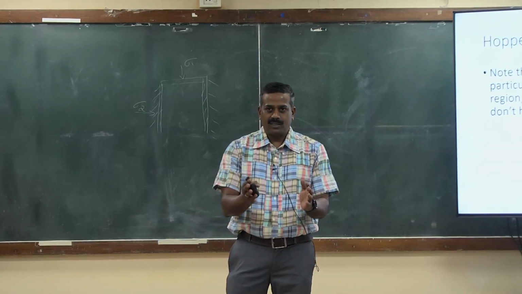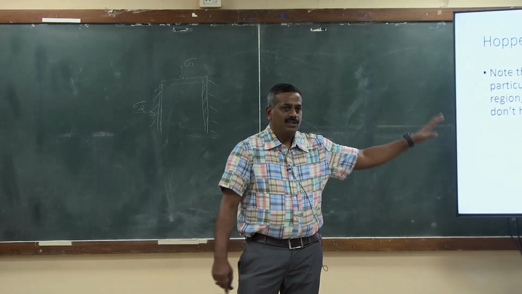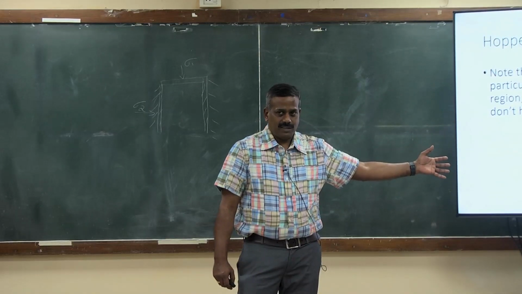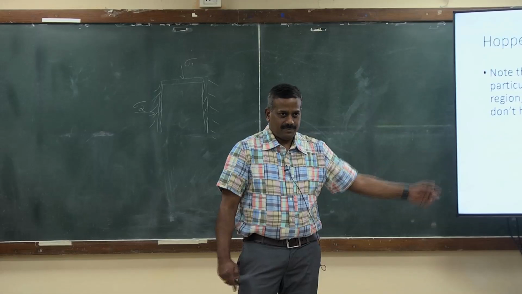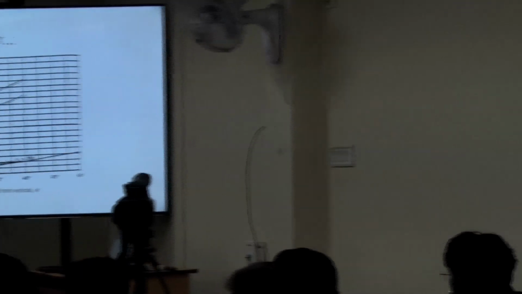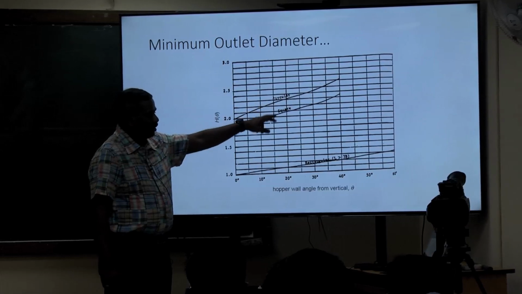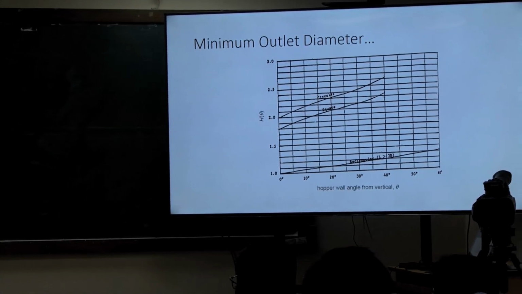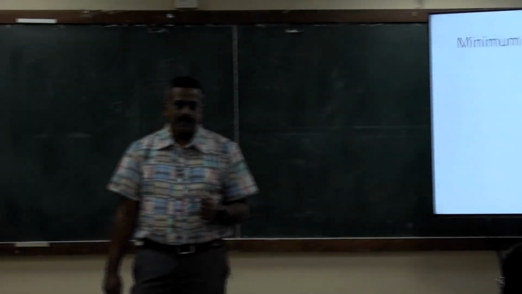So if you couldn't design that hopper angle, then you may not get mass flow, and you will have to use some external flow aids. Okay. So again, he has done these minimum outlet diameter calculations for different sizes on all those hopper half angle calculations. Okay.